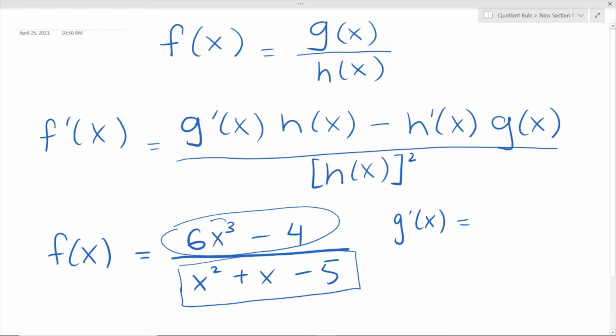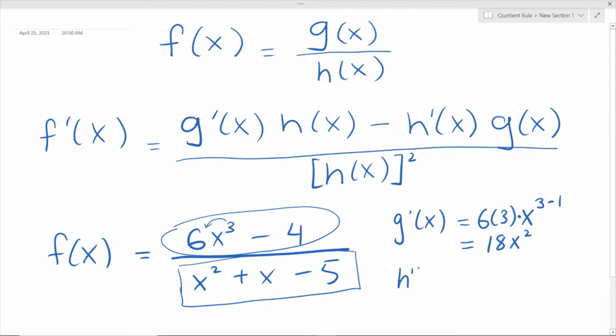So we take this 3 down, so it would be 6 times 3, and then there's an x here, to the exponent of 3 as shown here, and we must subtract 1 from that using the power rule. Here this is a constant, so the derivative of a constant is 0, so we don't have to write it. It would be plus 0, but it's not necessary to write that. Then we simplify: 6 times 3 is 18, times x squared. That's g prime of x.